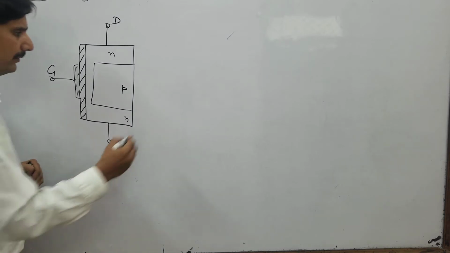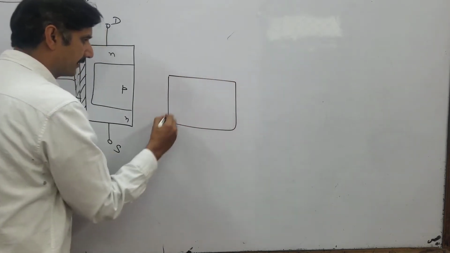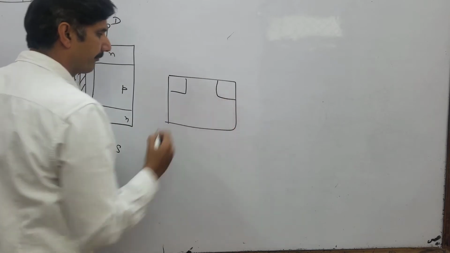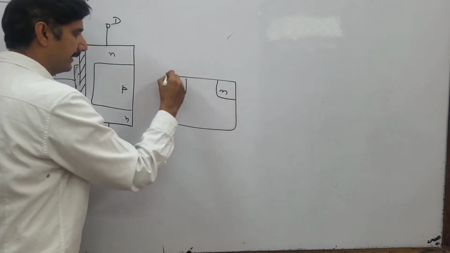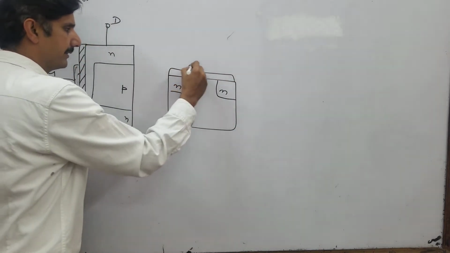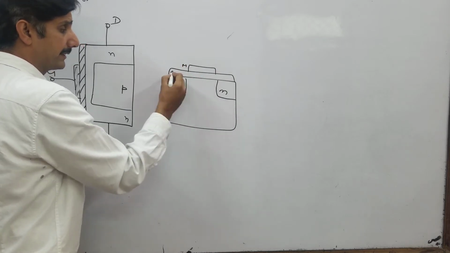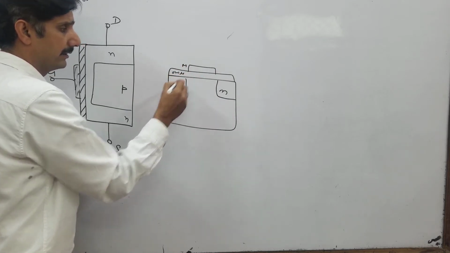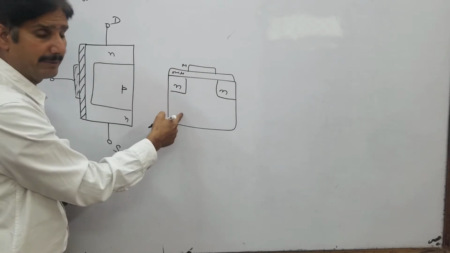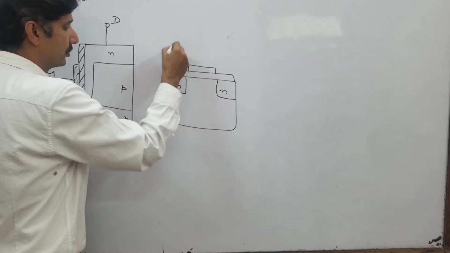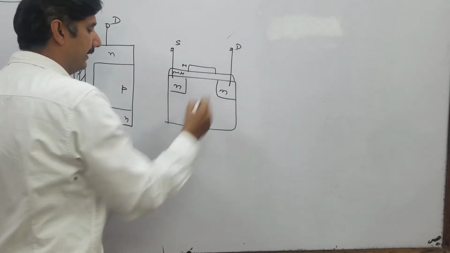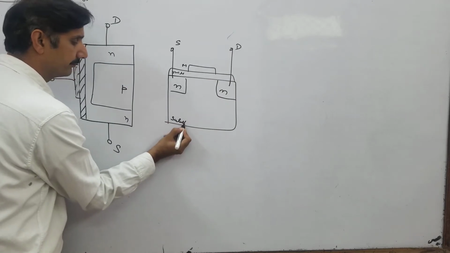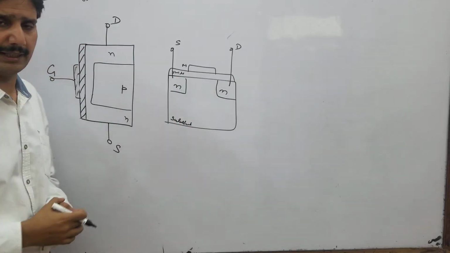You can also see it sometimes in books, shown like this. This is N region, this is N region, there is semiconductor, and there is metal, and this is oxide. Metal, oxide, and then semiconductor. So this is source, this is drain, and this is the substrate on which these regions have been made.